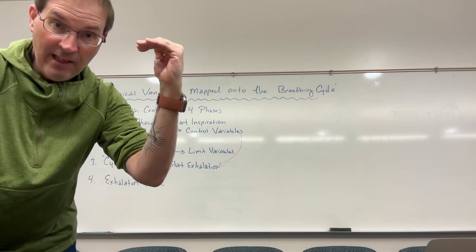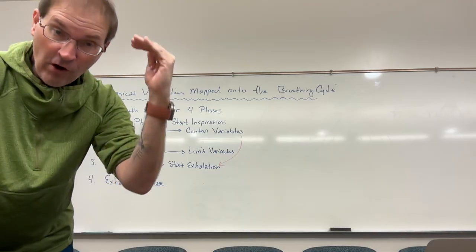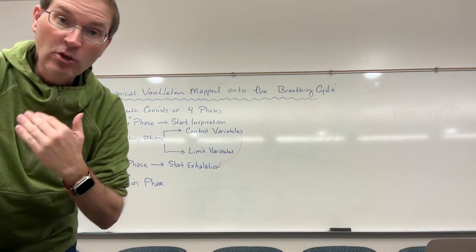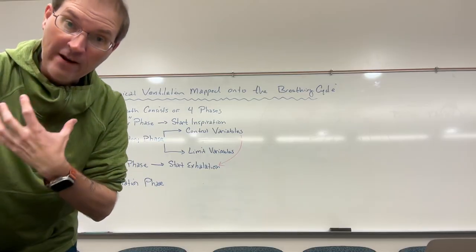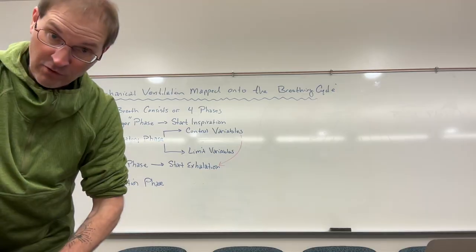You'll just get to that pressure and you will not continue increasing flow, volume, or whatever, right? But the patient will still remain in the inspiratory phase of the respiratory cycle. They will not cycle out of inspiration.